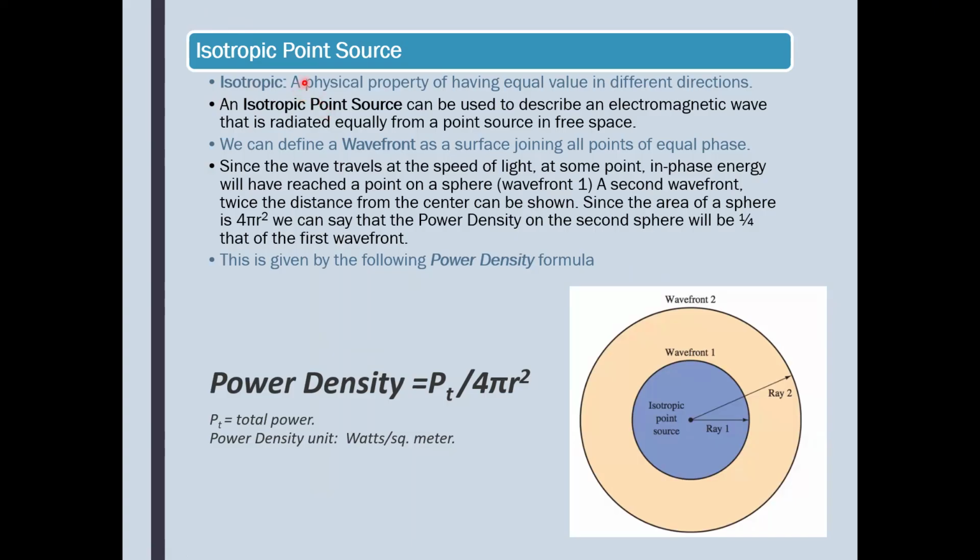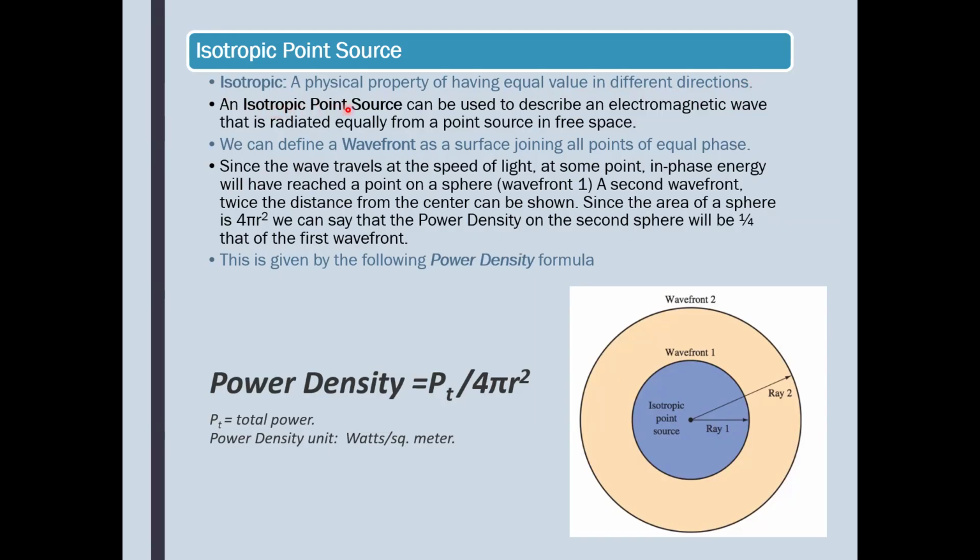Isotropic. I just made the text with different shadings so you don't get lost in this whole blob of text. Isotropic means a physical property of having equal value in different directions. Just hang on to that for a second.